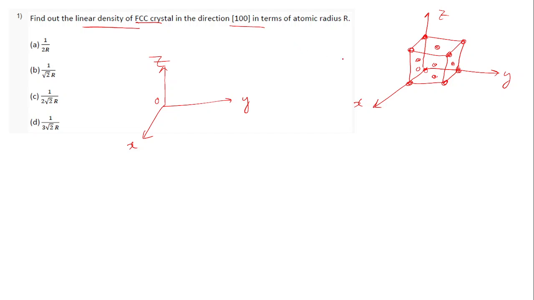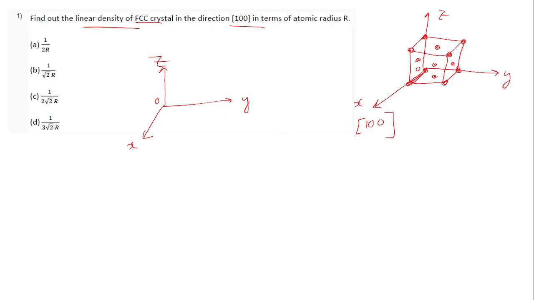Now we know the 100 direction is this, because this plane, the front one, is intercepting the x-axis at 1. So this is the 100 plane because it's not intersecting the y and z-axis. And perpendicular to this plane will be the 100 direction. So this direction is our 100 direction.